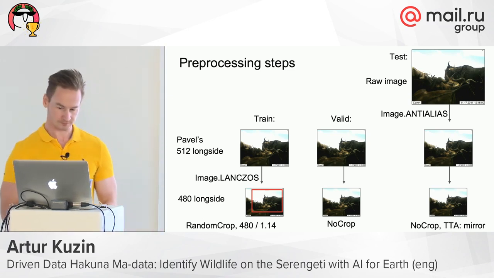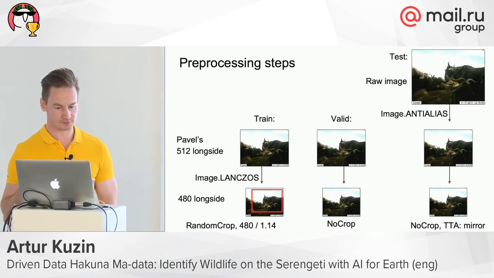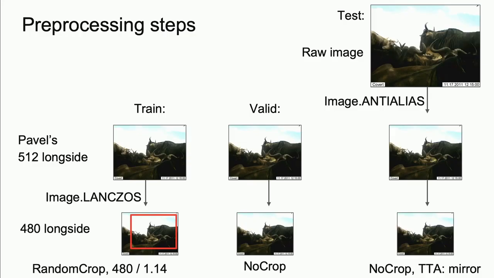So for the best model, for the training procedure, I take Pavel's images that he reduced to 500 pixels on the long side, reduce the size to 850 pixels, and then make a random crop for the training procedure.